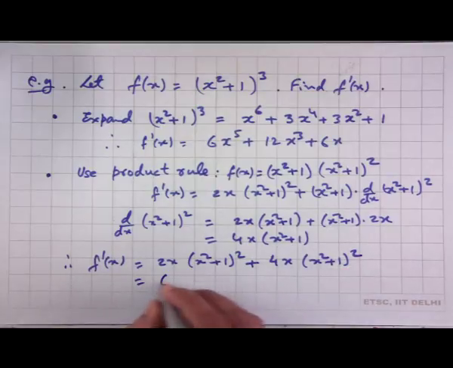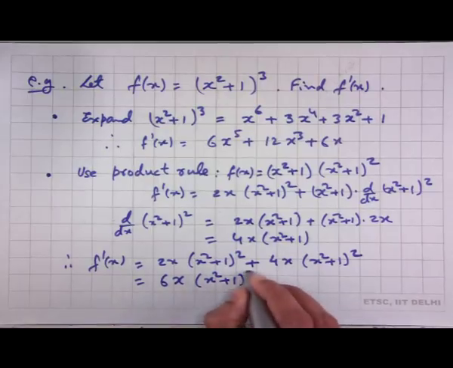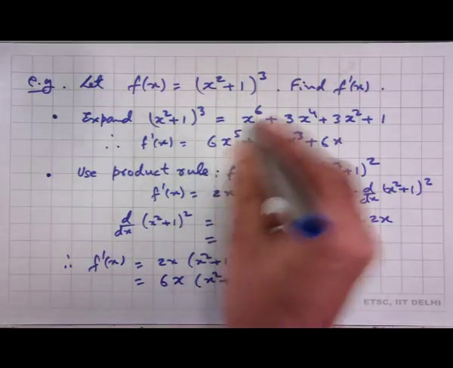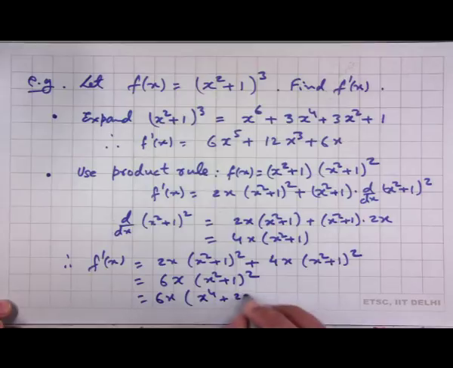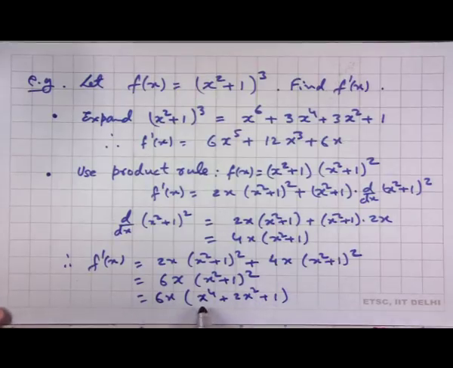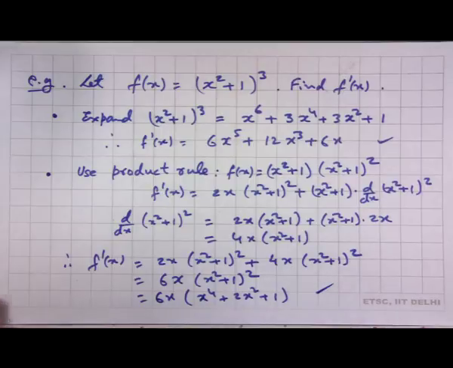This is 6x times x square plus 1 square, and you can see that this is the same as the previous answer. This is the same as 6x times x to the 4 plus 2x square plus 1, and if you multiply we get 6x to the 5 plus 12x cube plus 6x. So, we get the same answer.